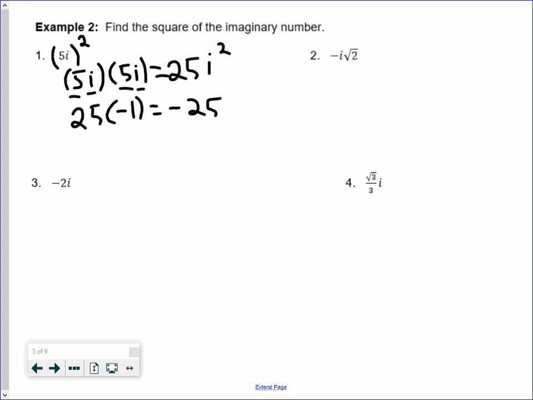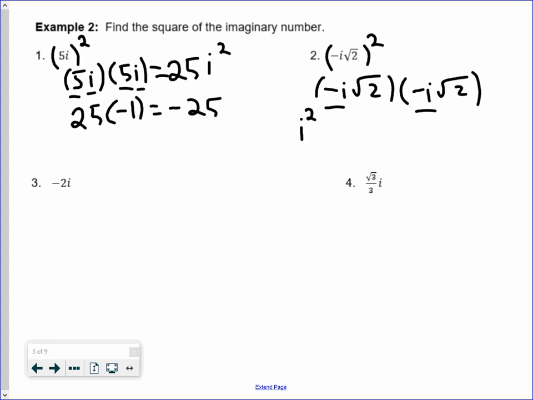Okay, so let's go on to 2. For 2, we're going to do the same thing. We're squaring it, so we multiply it with itself: -i root 2 multiplied with -i root 2. We multiply variable with variable, so -i times -i gives us a positive i squared. Remember, any negative number multiplied with another negative number gives you a positive.